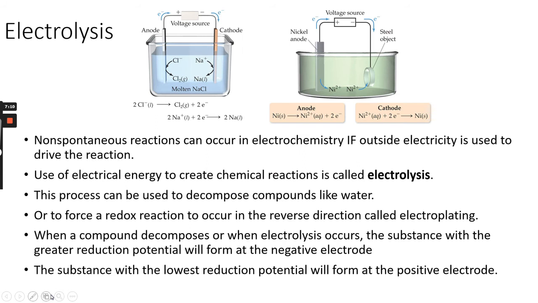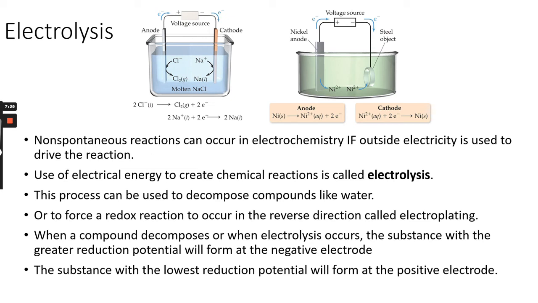The next application is electrolysis. This is used a lot when you want to metal plate things. Here you see a diagram where you have molten sodium chloride. Electrolysis can also be used to separate elements from their compounds.